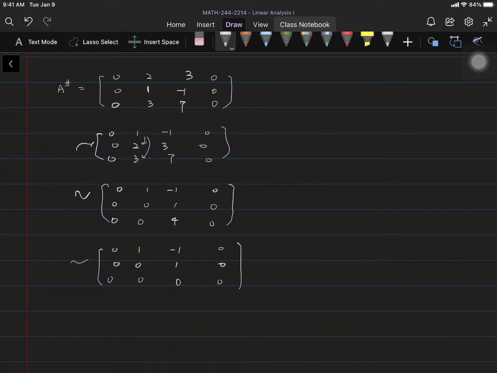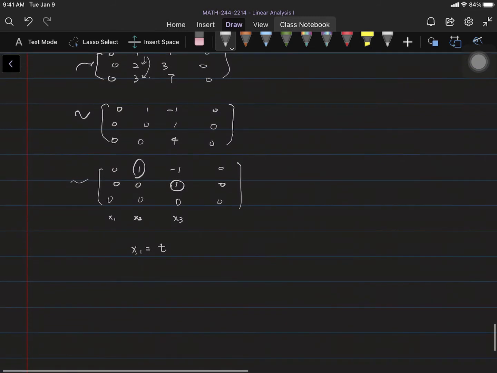Now let's take a look at this matrix. Interesting. Who has leading 1? So this position is the x1, x2, x3 position. So the leading ones are here. So x2 and x3 have leading 1. Who has no leading 1? x1. So we set x1 equals t. It needs to be free. And then x3 is easy to solve. x3 is 0.